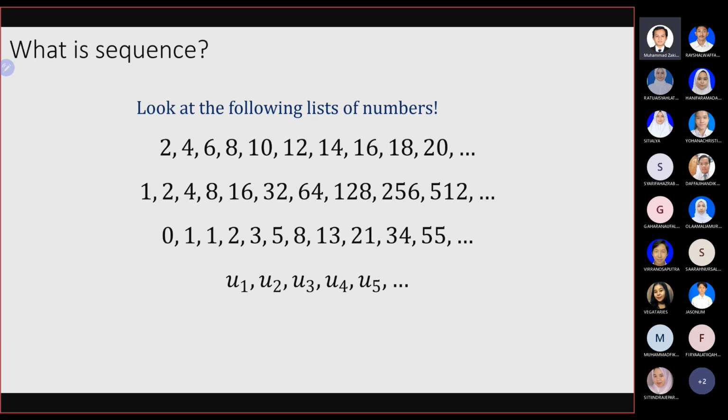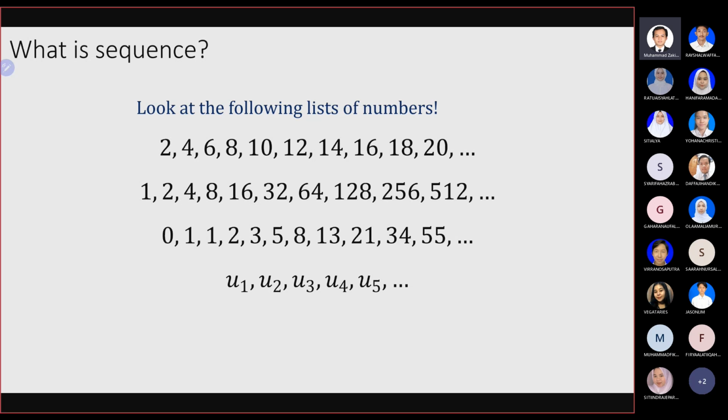Okay, so what is a sequence? Well, Jason said that the first list of numbers is called arithmetic sequence, and the second list is geometric sequence, and then the third list is Fibonacci.